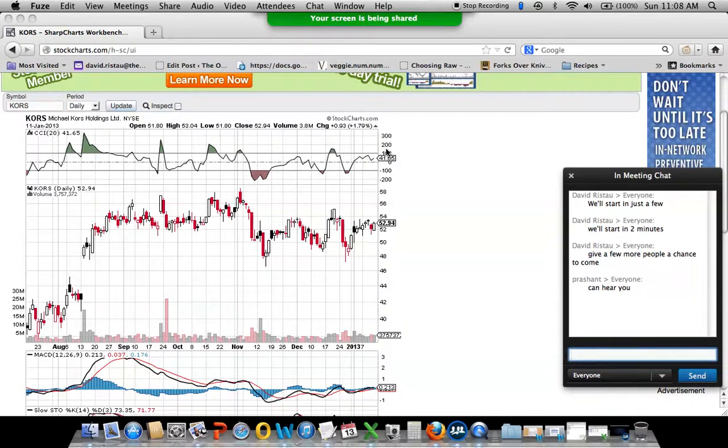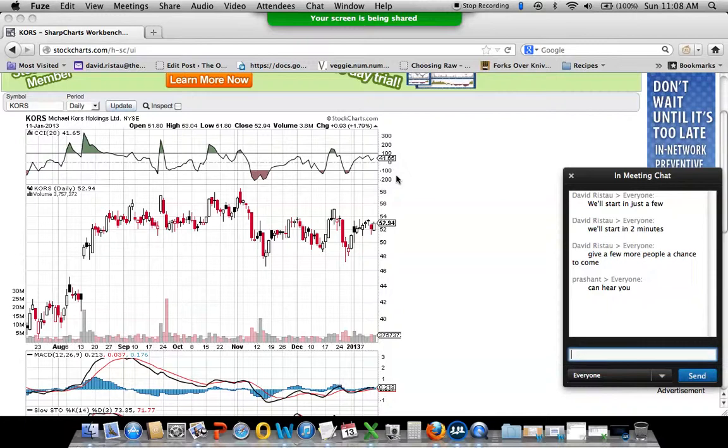Typically when you get above 100, you're looking at an overbought condition, and when you get over 0, you're looking at a stock showing very good momentum on the buy side. When you move down below 0, the stock is starting to show some weakness, and negative 100 is definitely showing an oversold condition.